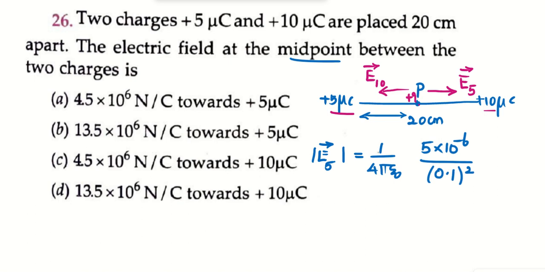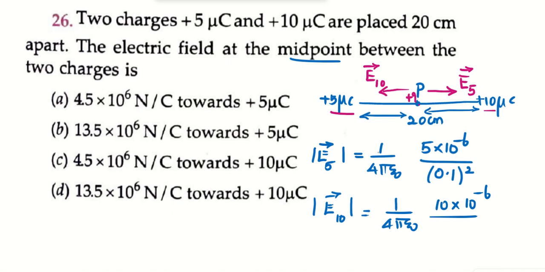Now write the same thing for the electric field due to the 10 microcoulomb: 1 by 4 pi epsilon naught, 10 into 10 power minus 6, divided by, once again, the distance of P from 10 microcoulomb, which is 0.1 whole squared.